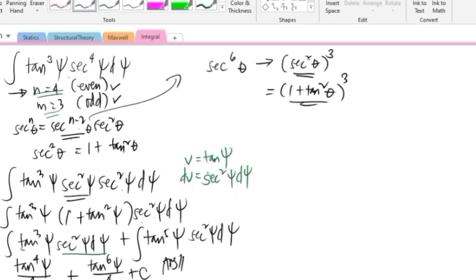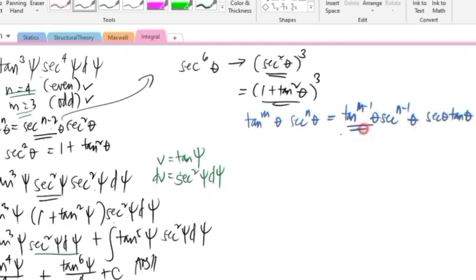Yung isang rule, sinasabi niya doon that we let the tangent m of theta secant n theta into tangent m minus 1 theta secant n minus 1 theta, and we express the tangent m minus 1 into secant using the identity, tangent square theta is equal to secant square theta minus 1.